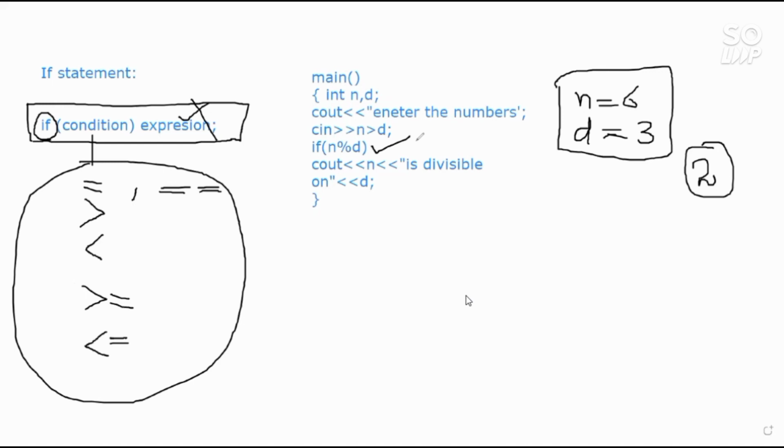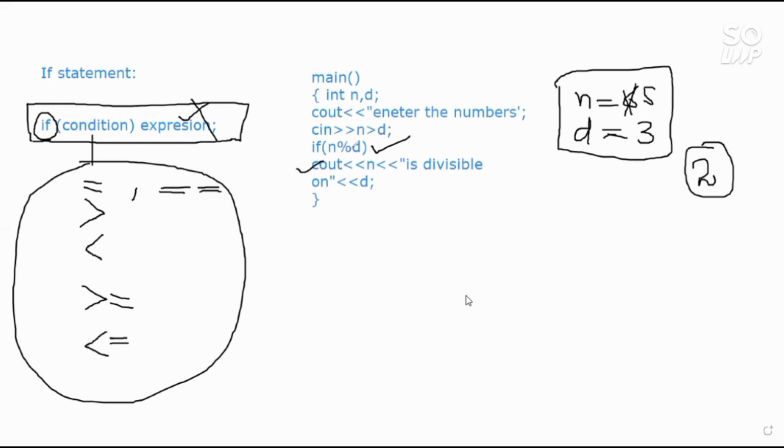So this will become true, and then this statement will run: cout 6 is divisible on d, 3, which has been written there. If in case it is not 6, it is 5, and I have given 3, what will happen to the condition?